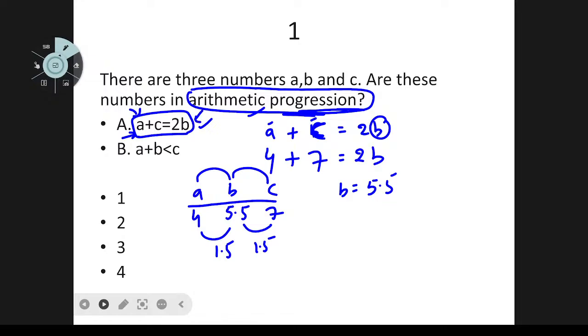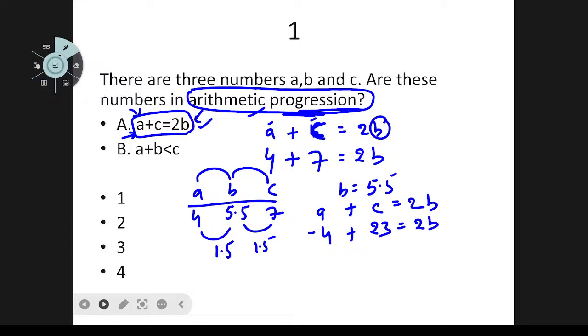Now I will try to take negative numbers. Let's say I am taking A is equal to -4 and C I will take positive, let's say C is equal to 23. Now A plus C is 2B, so -4 plus 23 is equal to 2B.